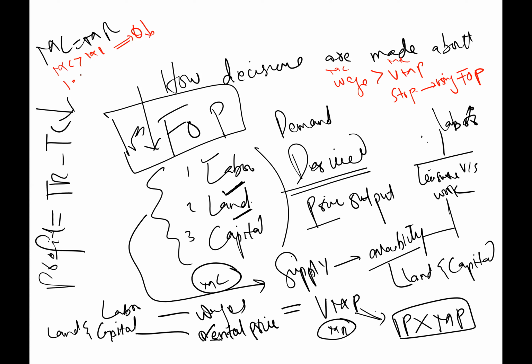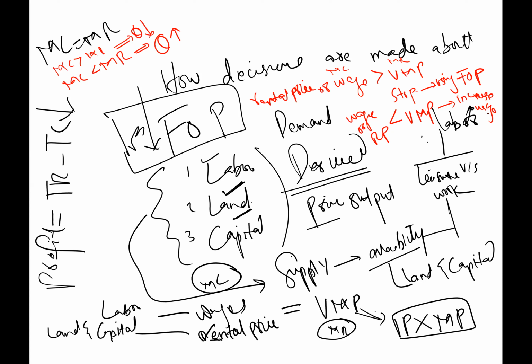And here if MC is less than MR, the managerial implication was to increase the production. So in that case, when wages or rental price are less than the value of marginal product of labor or land and capital, in that case, increase the usage.